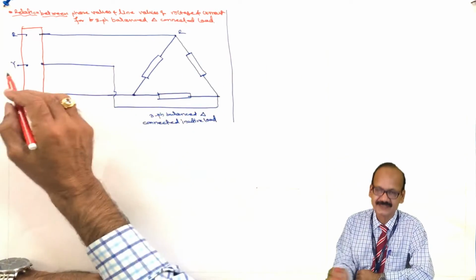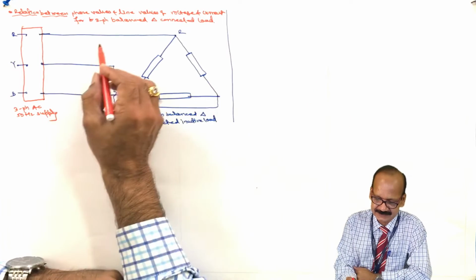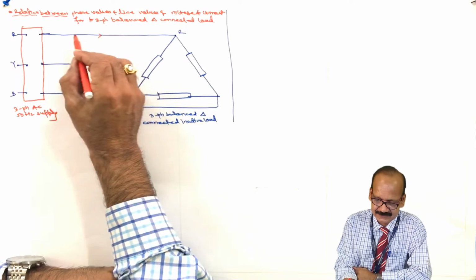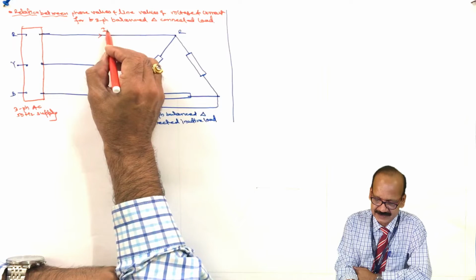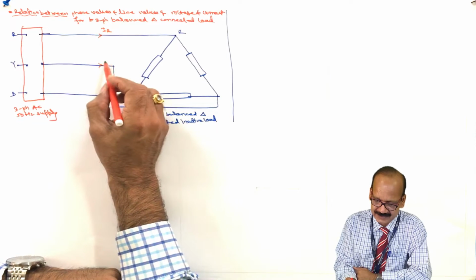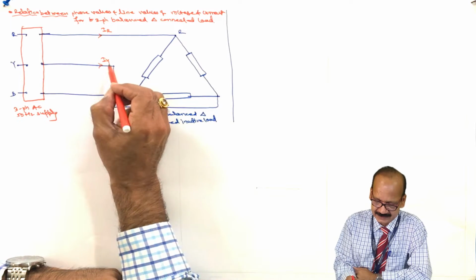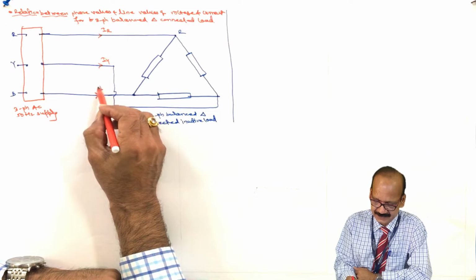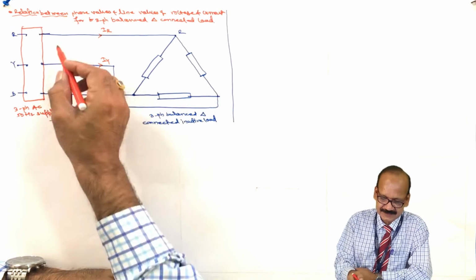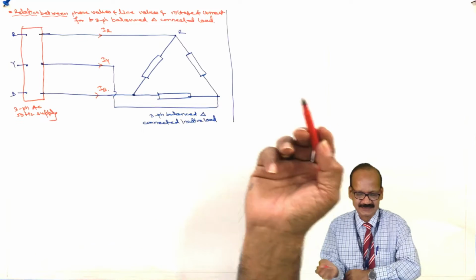And for these lines, we have to show the current flowing through the lines, known as line current. So current flowing through the R line is I capital R, current flowing through the Y line is I capital Y, and current flowing through the B line is I capital B. Similarly, the voltage between two lines is known as line voltage.